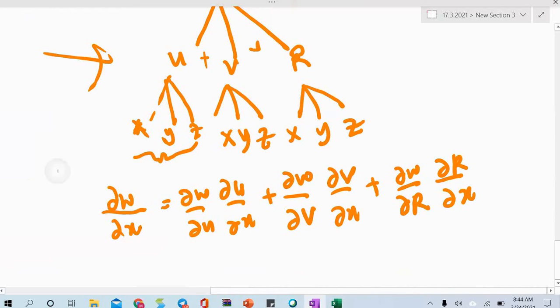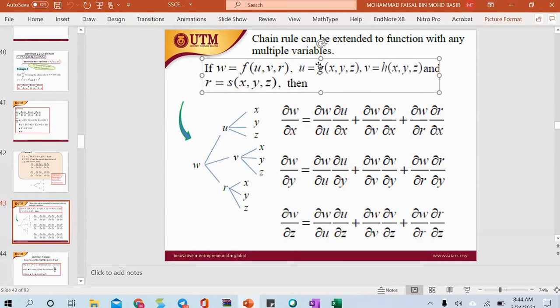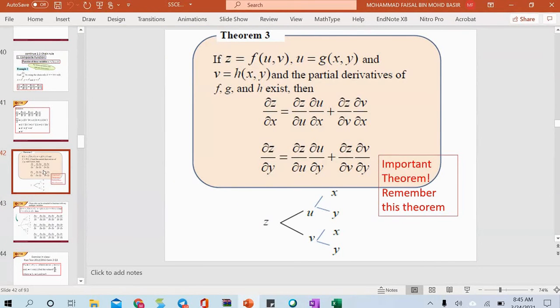So if this continues, you have to see the question. Sometimes they will trick you. Let's say W is a function of UVR, but the u is only a function of x, so you don't need to put y and z. Sometimes v is only a function of z, which means you don't need to put the xy. So sure you know this.